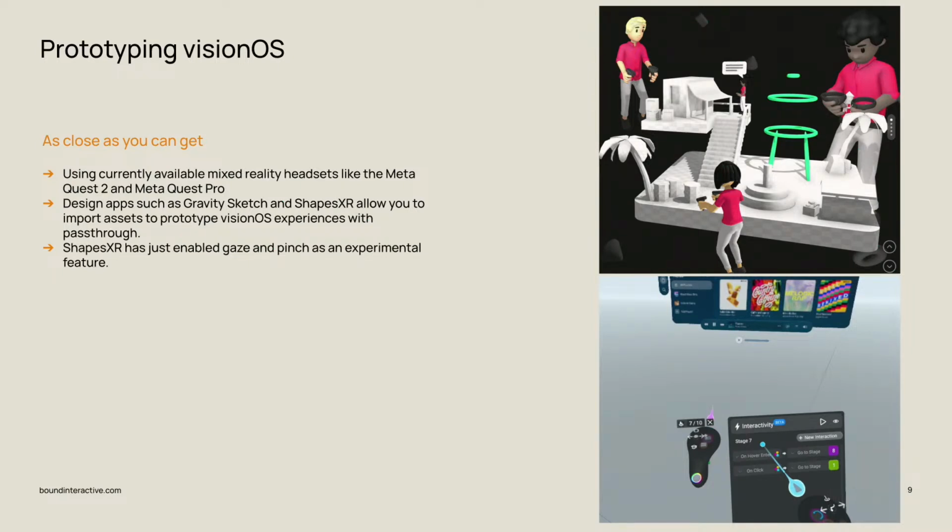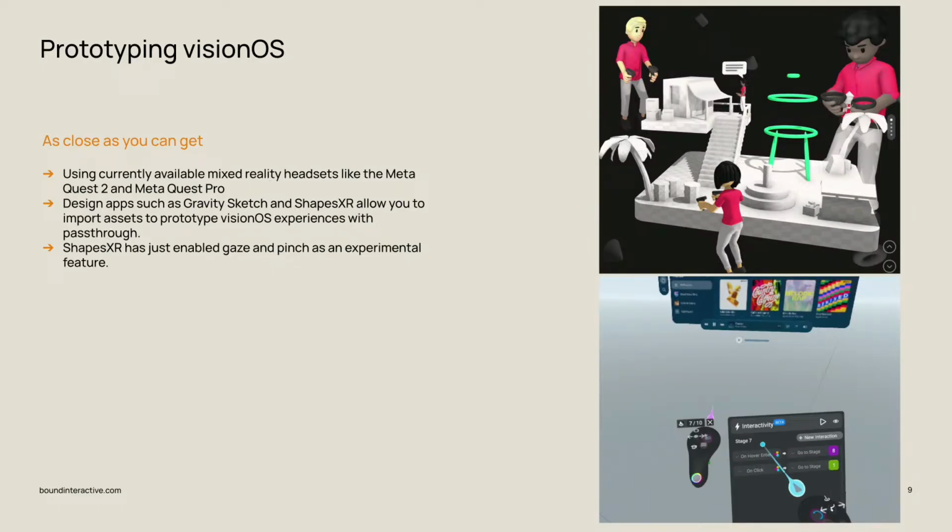Apps like Gravity Sketch and Shapes XR allow you to import assets like images. You can even turn on pass-through, so you can see what it looks like when I'm standing at my kitchen table with floating windows.